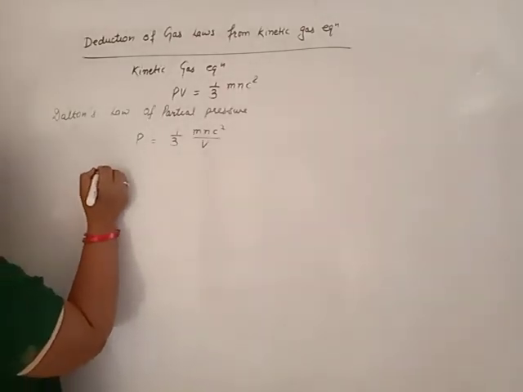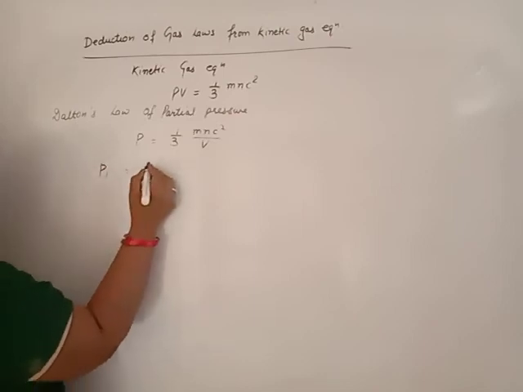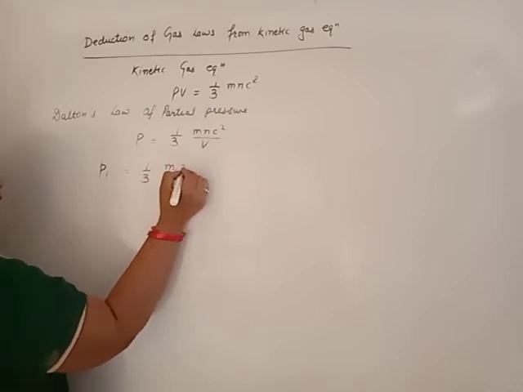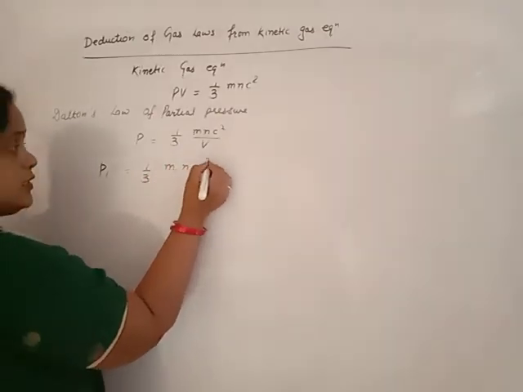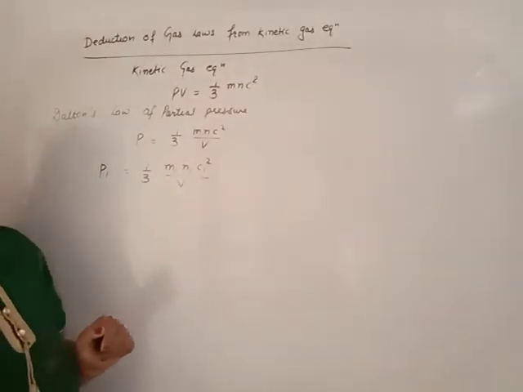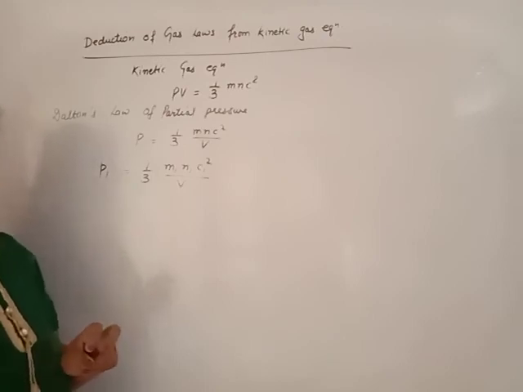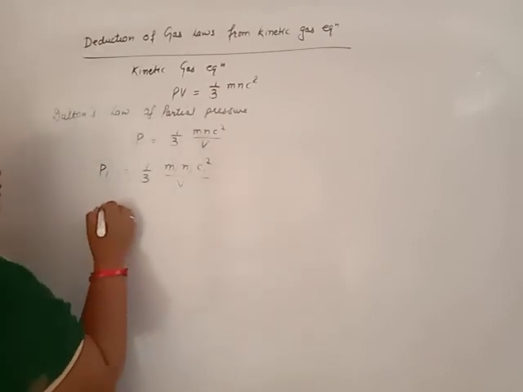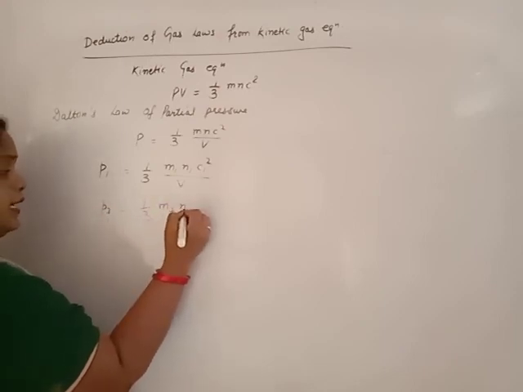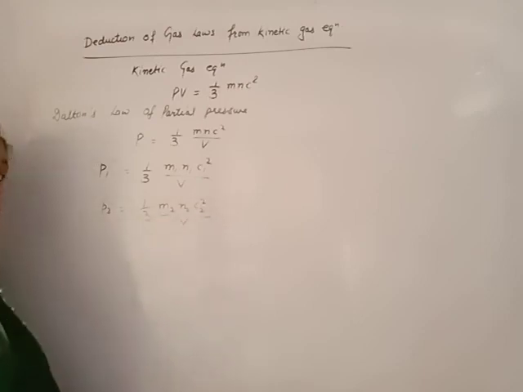For the first gas, it is 1/3 m1n1c1²/V, and the volume remains constant because it is in a common vessel. For the second gas, it is 1/3 m2n2c2²/V, and the volume remains the same.